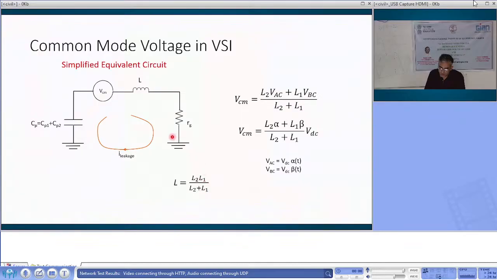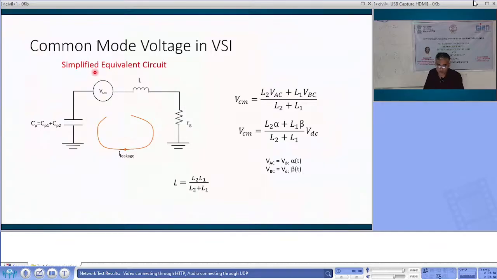Once the circuit is completed, there is a formation of current. VCM, the common mode voltage, depends on VAC and VBC, where VAC is alpha VDC and VBC is beta VDC. This is the total equivalent capacitance. Why will this current be there? Because VCM is changing.